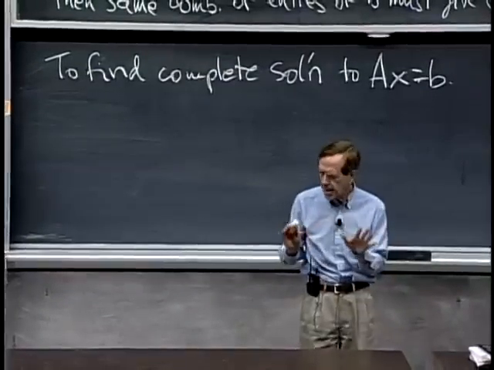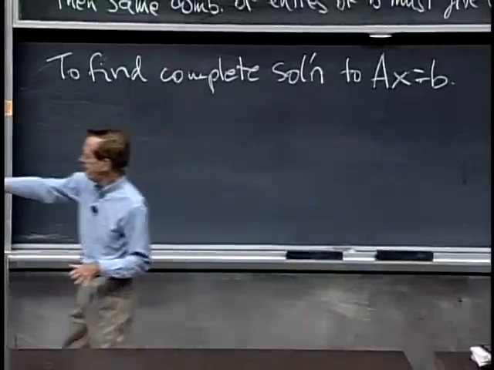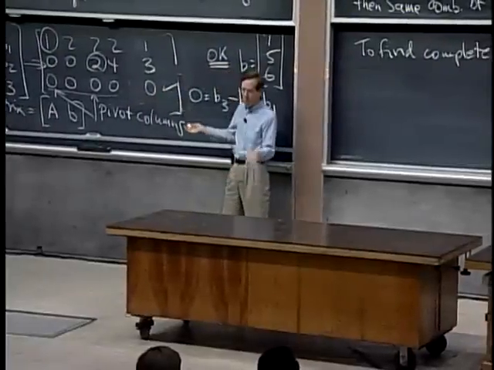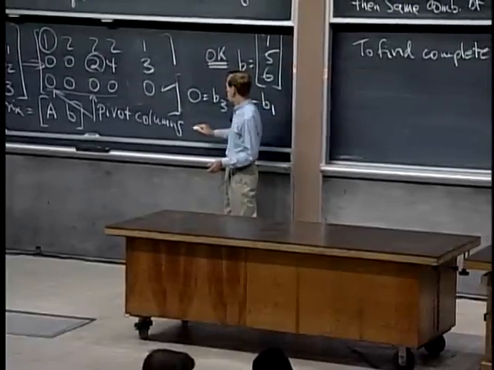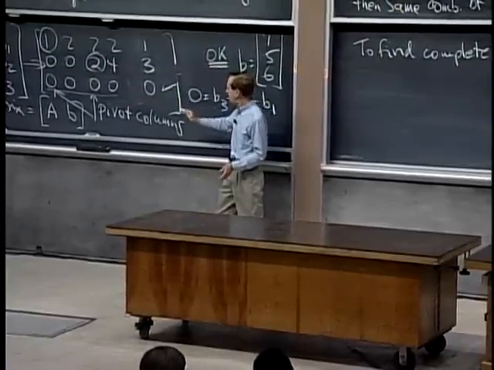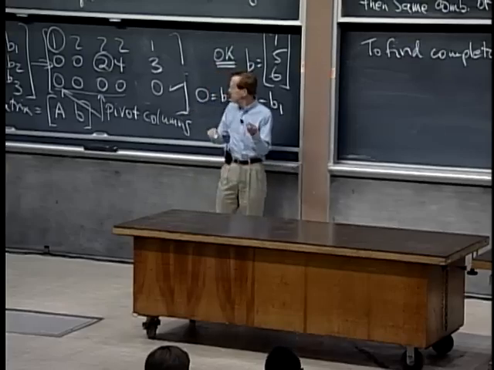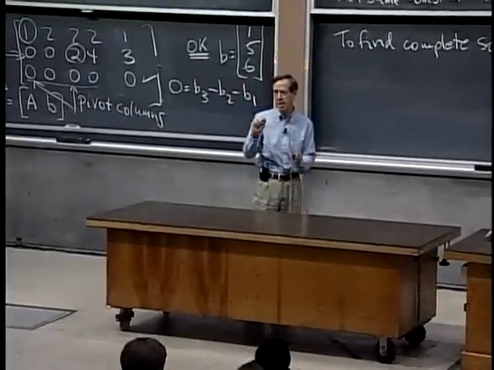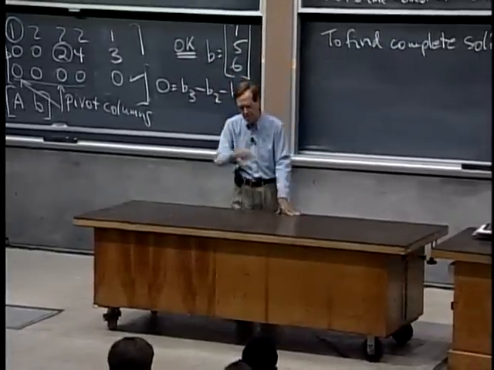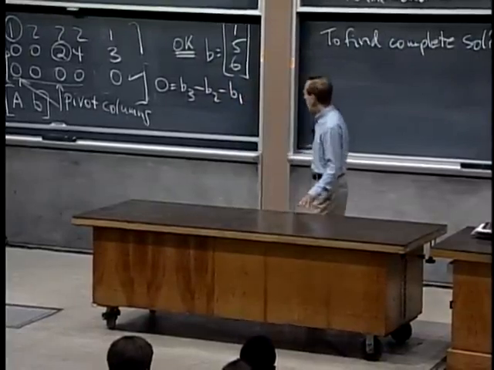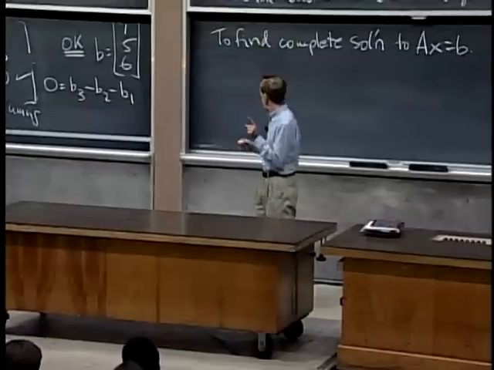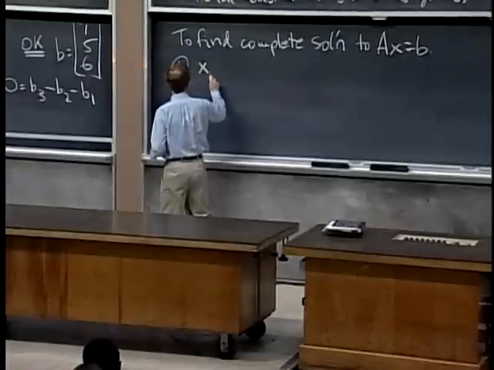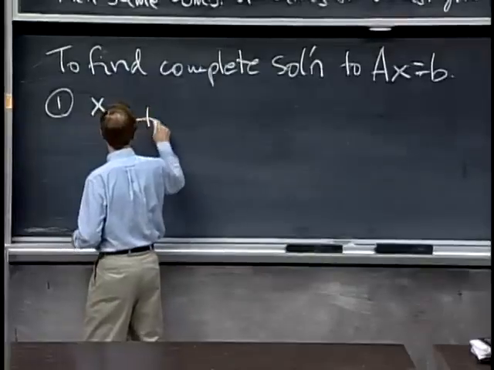I'm expecting that I can, because in my system of equations now, that last equation is 0 = 0. So that's all fine. I really have two equations. Actually, I've got 4 unknowns. So I'm expecting to find not only a solution, but a whole bunch of them. But let's just find one. So step 1, a particular solution, x particular.